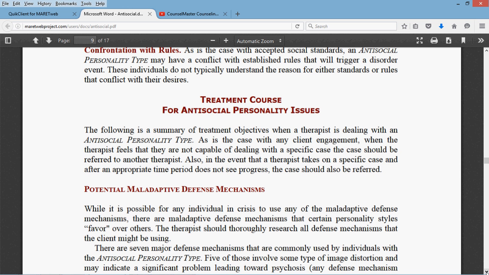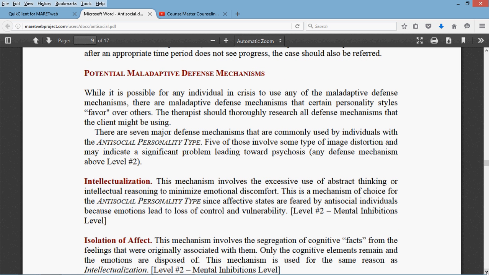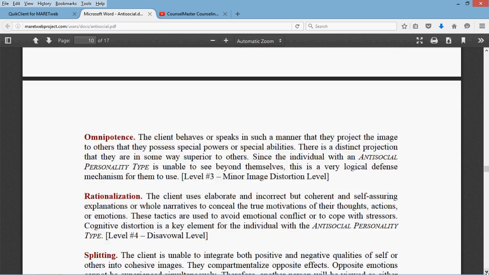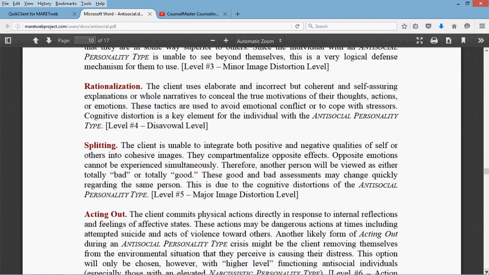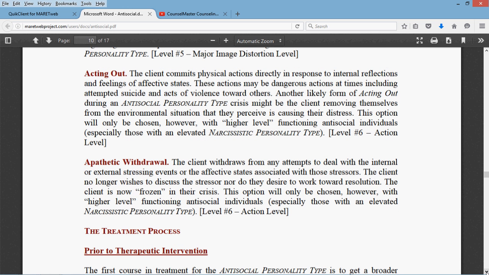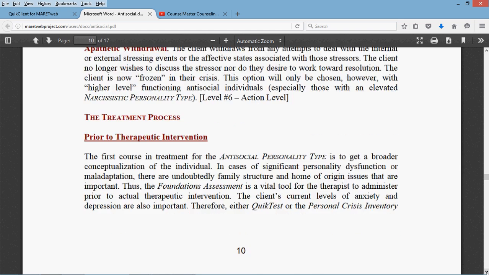And then the treatment course sometimes includes defense mechanisms for these reports, sometimes it doesn't. This one does. There's a lot of defense mechanisms. And again, you can assess defense mechanisms. You should assess defense mechanisms. Very important to do.